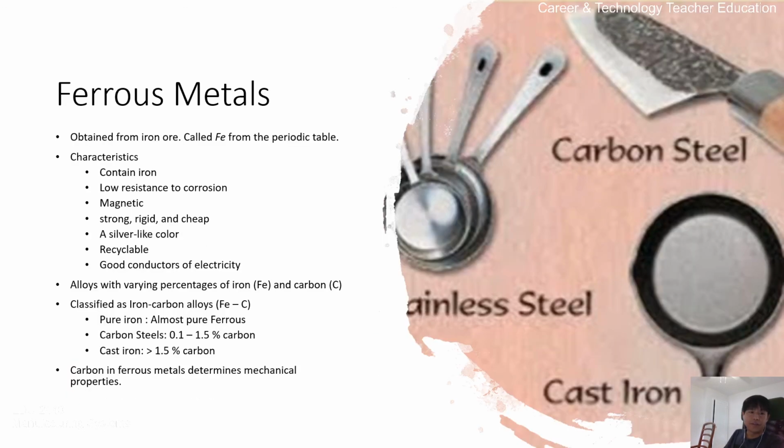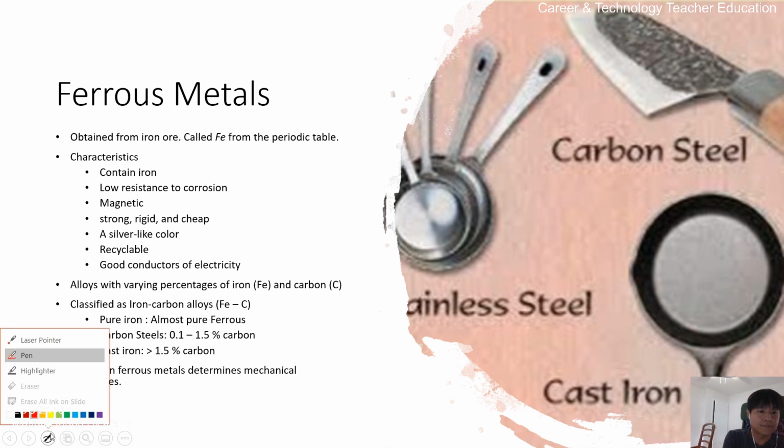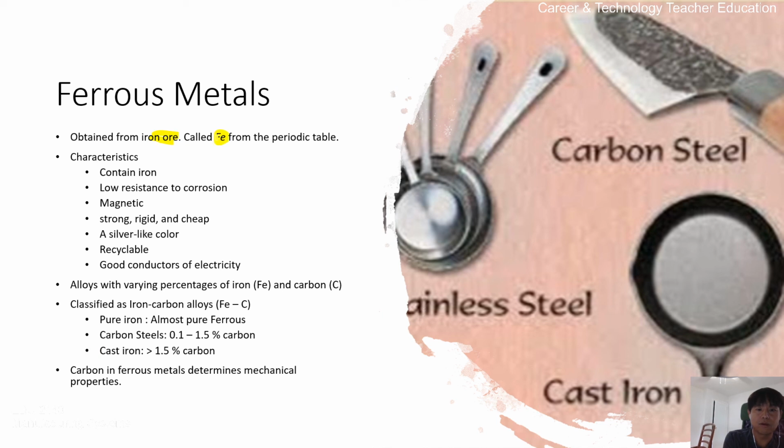All right, first let's look at the ferrous metal. Ferrous metal comes from iron, called Fe in the periodic table. So you have to look at this. These are ferrous metals. The knife, spoons, steel, carbon iron, those are examples of ferrous metal.